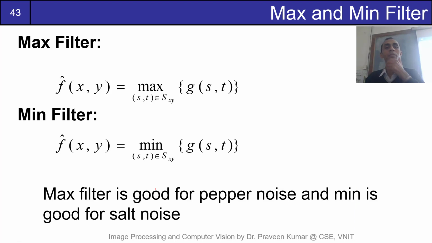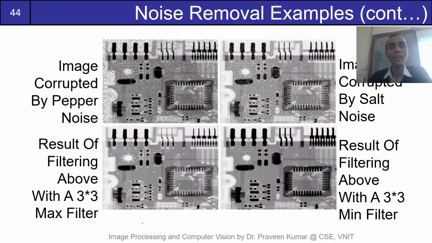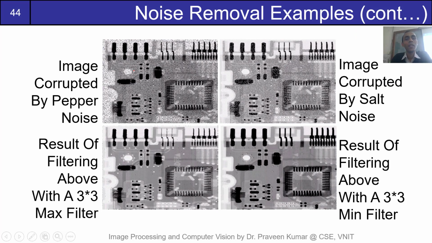So why you may want to do this max filtering or min filtering? There is a kind of noise called pepper noise and salt noise, because of their characteristics: salt is a white pixel and pepper is a black pixel. So this is an example of an image corrupted by pepper noise.